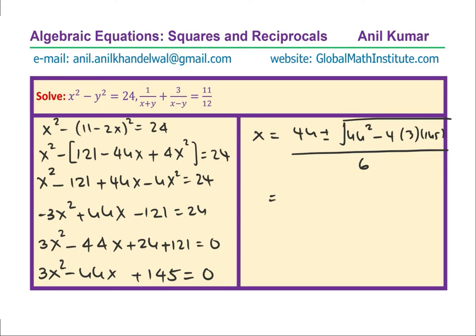You can use the calculator to solve this equation. So let's write down 44 squared minus 4 times 3 times 145, which is 196, over 6, and square root of 196, as you know, is 14.